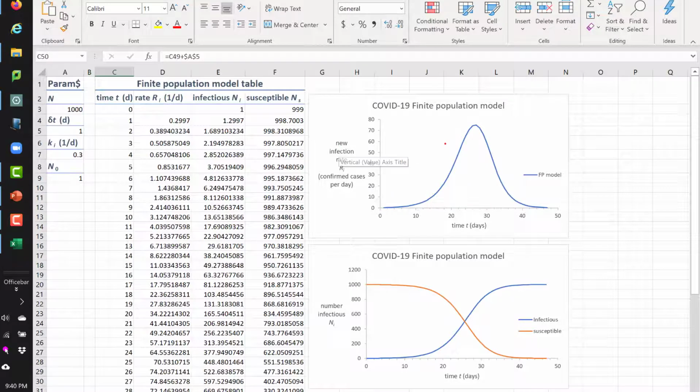So this shows that the new infection rate starts to increase exponentially, and then eventually the population starts to become mostly, or at least somewhat, infected, and that slows down the rate of infection, and then eventually it decreases because we've run out of people to infect. So that's what you're supposed to do to input the model.